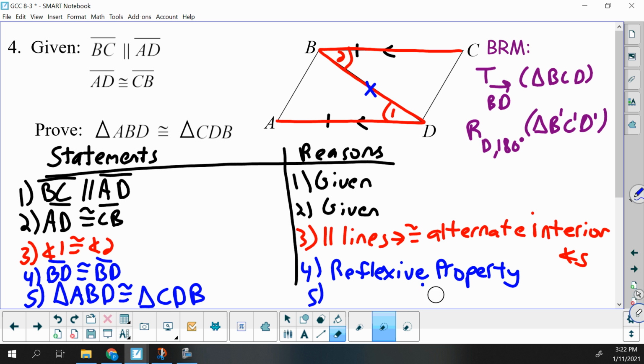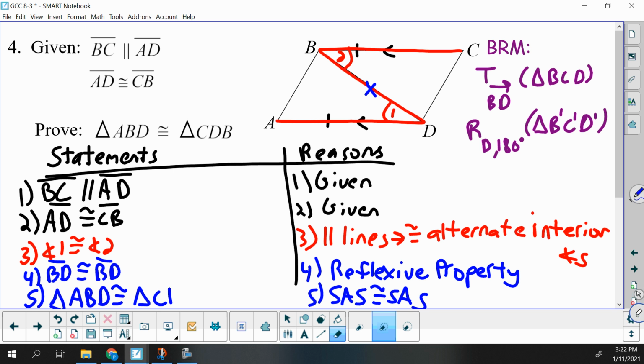Angle between two sides. So in step 5, we've got an angle between two sides. So we've got side angle side is congruent to side angle side. And our statement, we've got triangle ABD is congruent to triangle CDB.